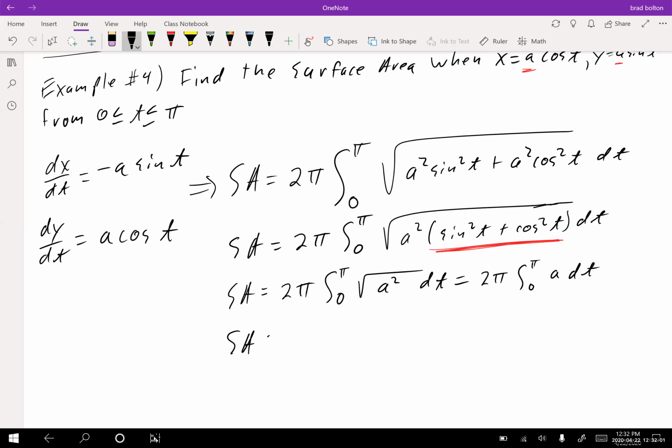Now you guys got it from here, right? So this will be 2 pi a squared over 2 from 0. No, I was treating a as a variable. It is not. It is a constant. So this is 2 pi a t from 0 to pi.